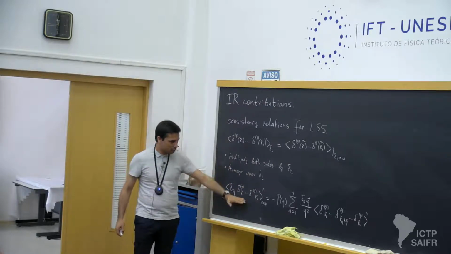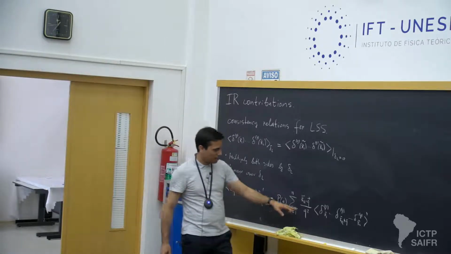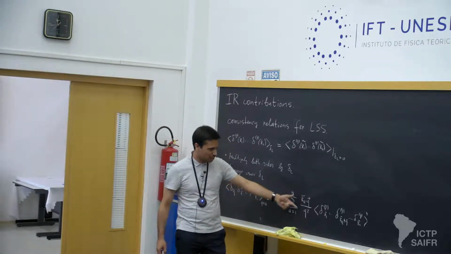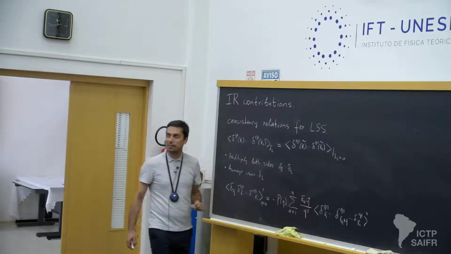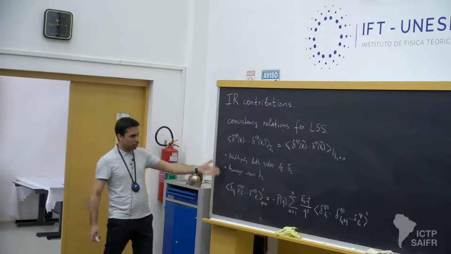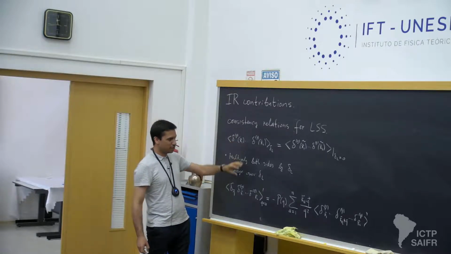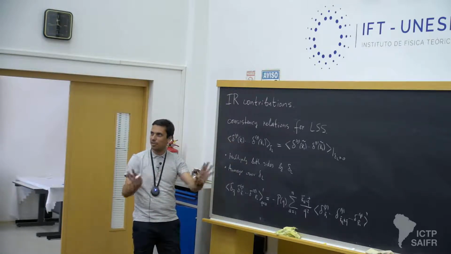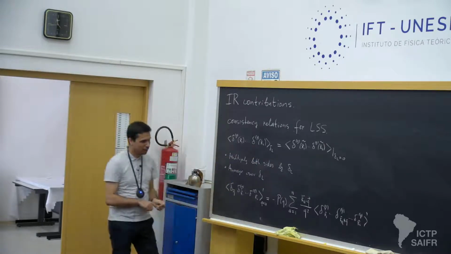So I have an n plus 1 point function on one side, and I have something which still has 1 over q terms times the n point function on the other side. And this equation just follows from this logic. There is no dynamics, there is no kernels, there is nothing. It's just a change of coordinates and then doing some algebra. Okay?